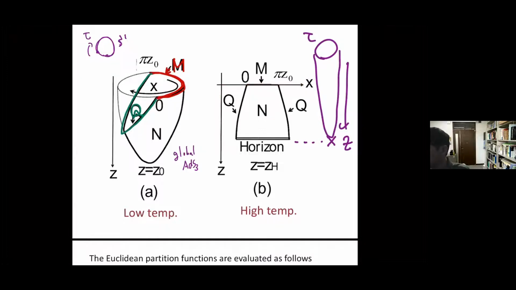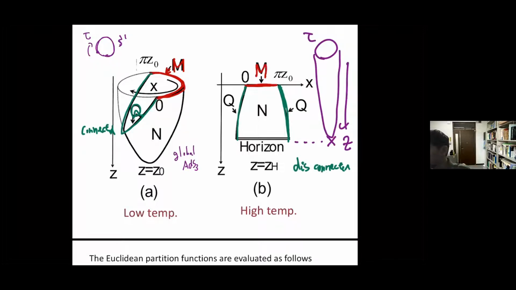The boundary interval M is situated here, and the boundary surface Q is disconnected into two parts. This case is connected, and this is disconnected. This is a sort of phase transition.